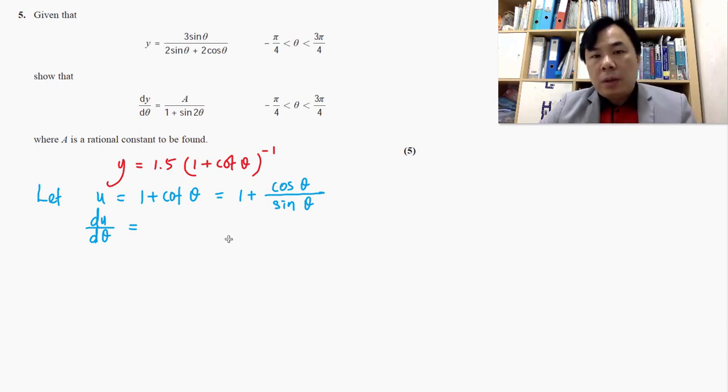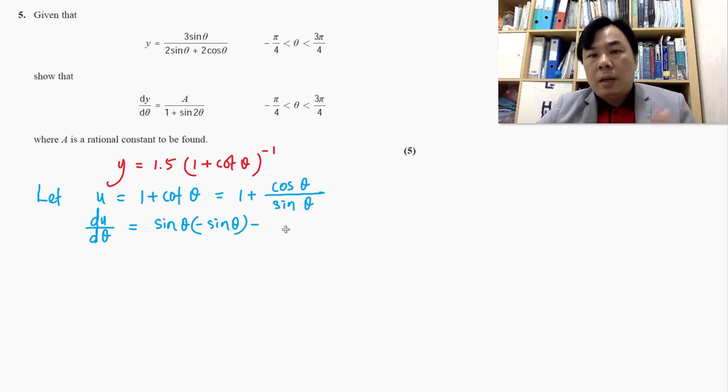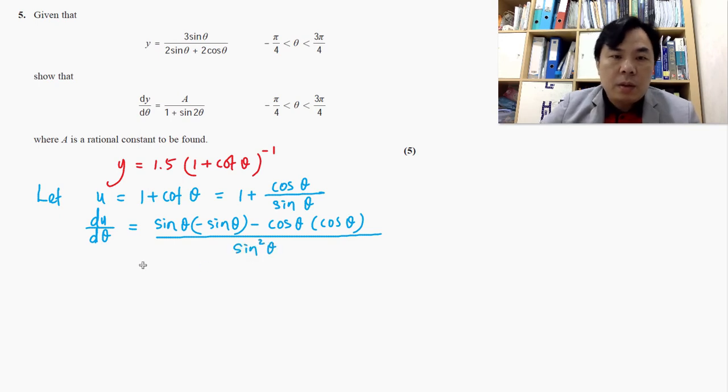Okay, at this point I'm going to apply the chain rule directly. Okay, so we have sine theta and then subtract off the cos theta. Alright, and then finally we will have this. Okay. So from here, if you try to simplify that, you would basically get sine square plus cos square here.